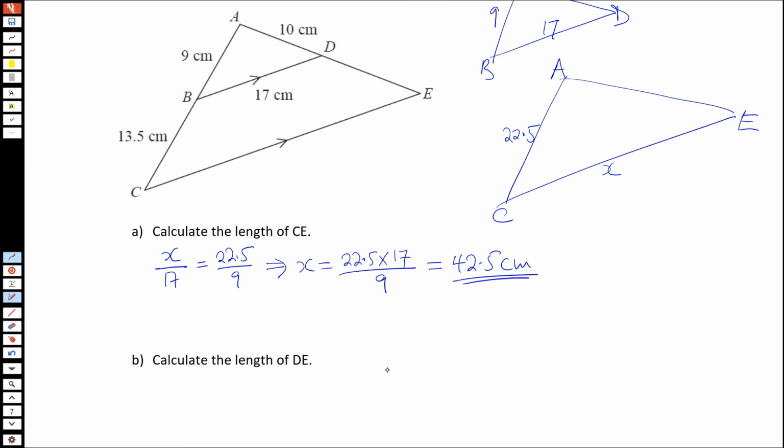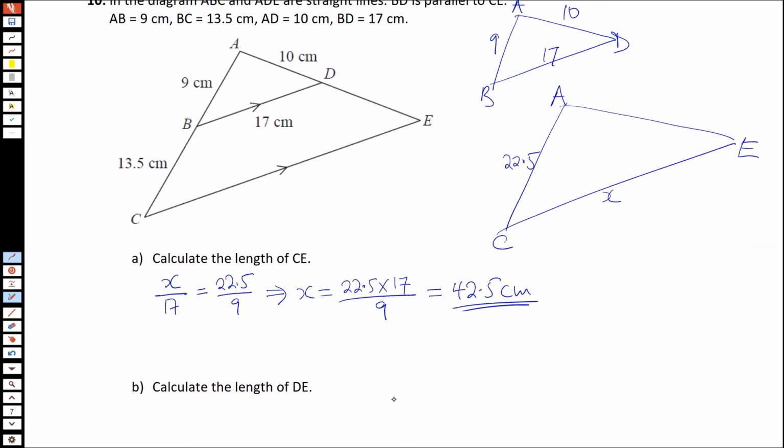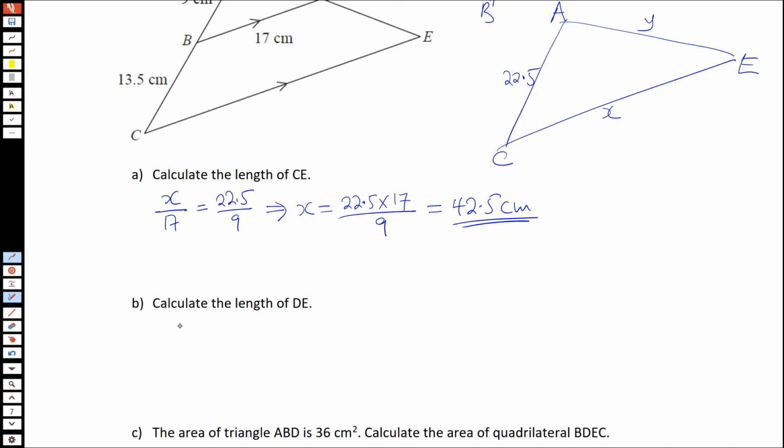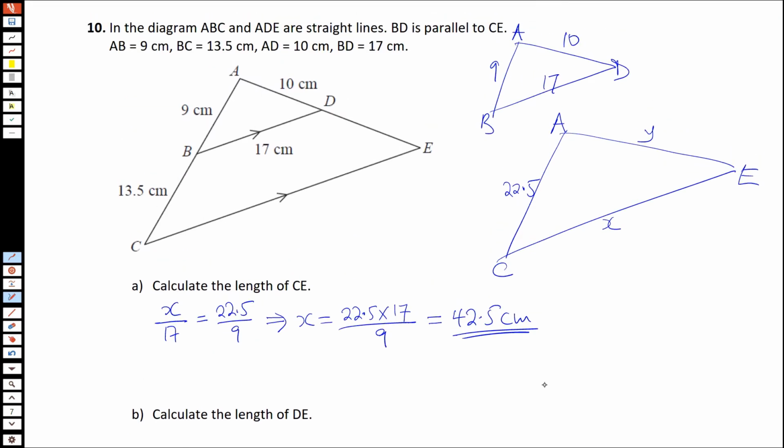And then DE, it's part of AE, so we can find AE first, and then we can use that to find DE. So to find AE, we'll take the ratios of the corresponding sides.